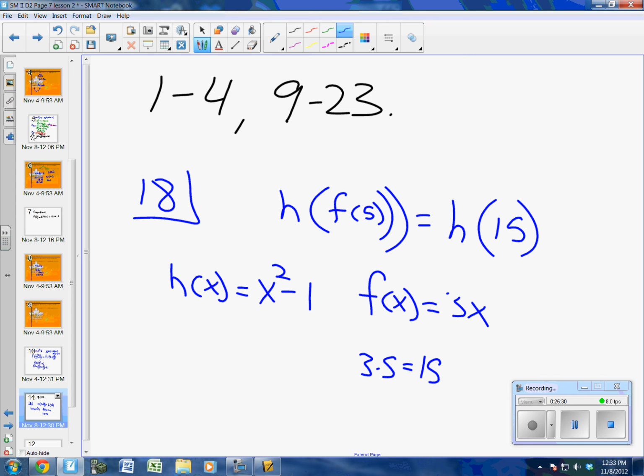Okay, so f of 5 was 15, so I replace it. And that means h of 15 means put 15 in for x, which is going to be 15 squared minus 1. Well, what's 15 squared? It's 225. Minus 1 is 224.